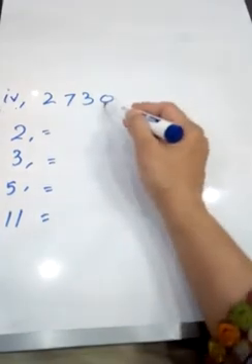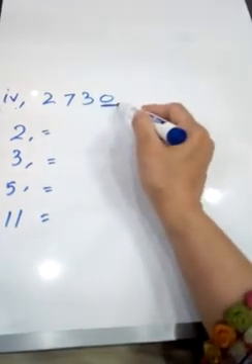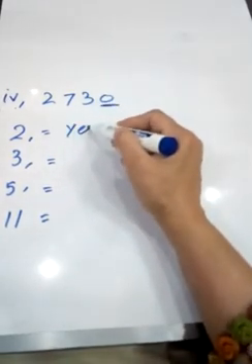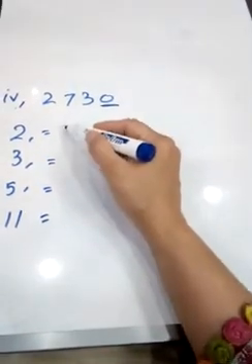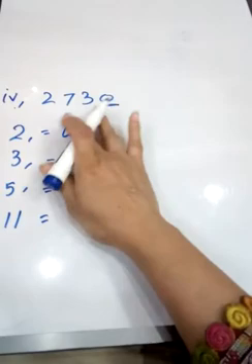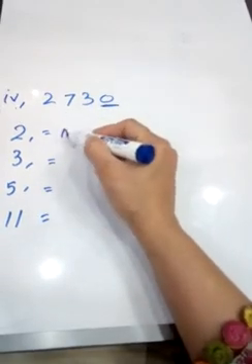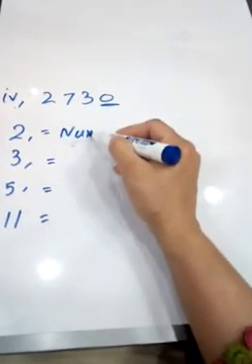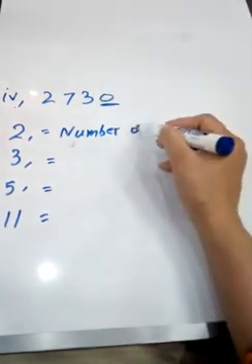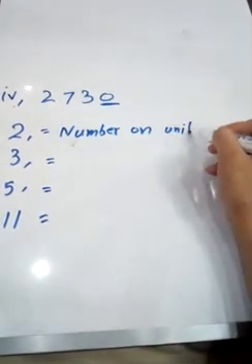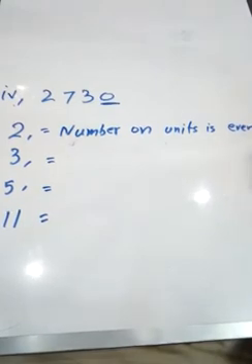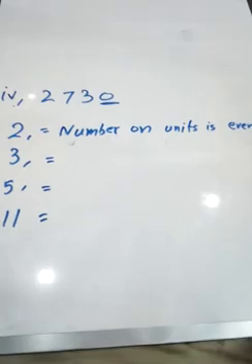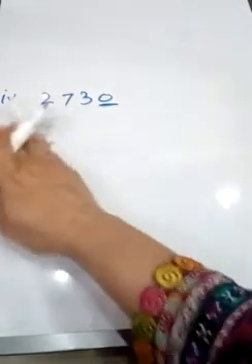The divisibility test of 2 is that the last number is even, it means yes, or you have to write the rule here as well: the number on the ones place is 0, the number on the unit place is even. So yes, it is divisible by 2.